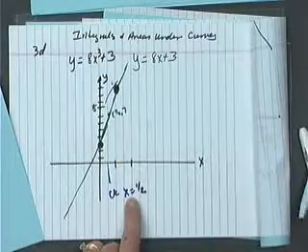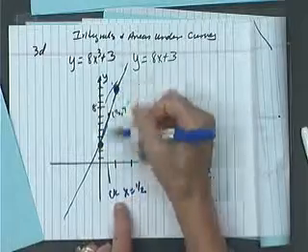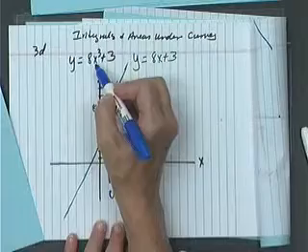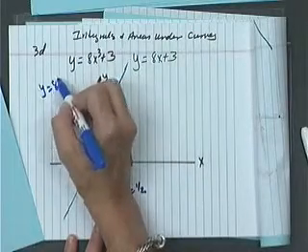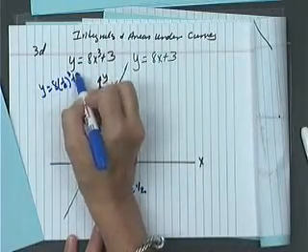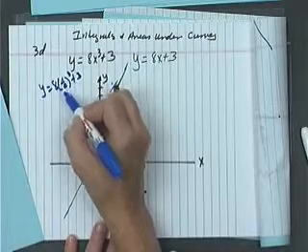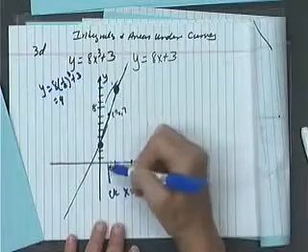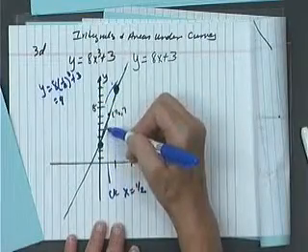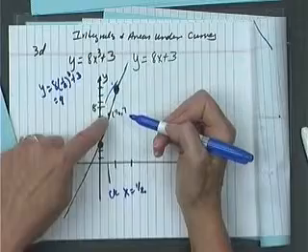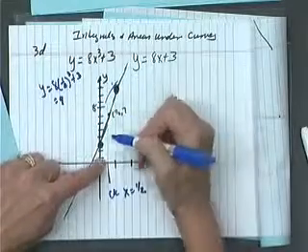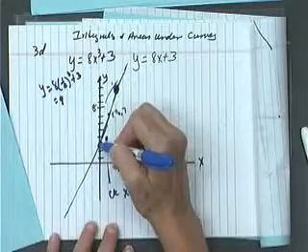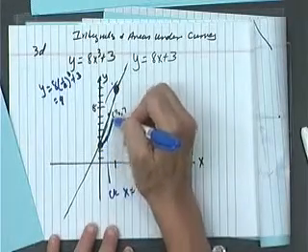If I'm on the 8x cubed plus 3, if I put a half in there, what am I going to get? 8 times 1/2 cubed plus 3. Half cubed is 1/8. 8 times an eighth is 1. 1 plus 3 is 4. So this one was at 1/2, 7, and this is going to be at 1/2, 4. So that sort of helps you see right there. It's going to come like this.